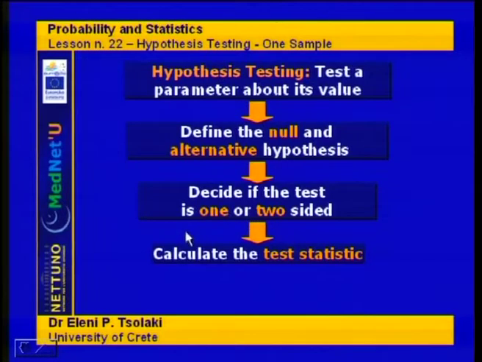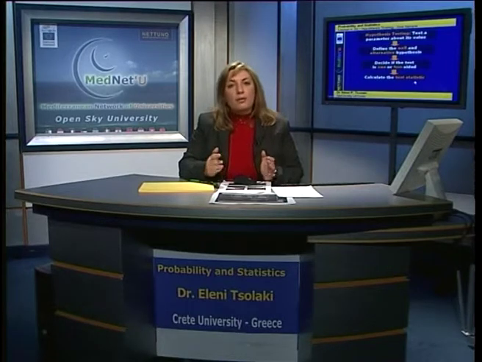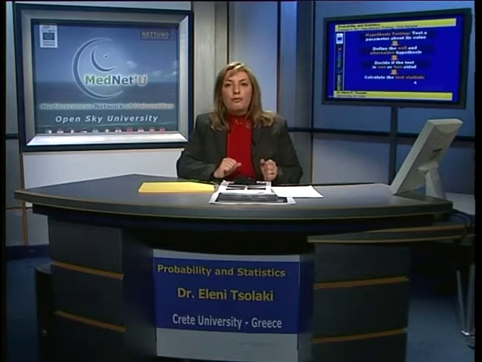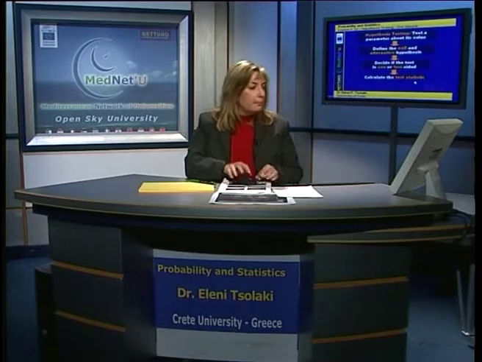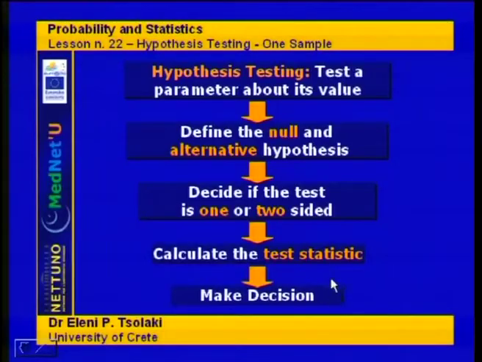We have to calculate the test statistic, which usually estimates the parameter, and it's usually the one that we have used for confidence intervals as well. And finally, we are going to make a decision about our hypothesis.